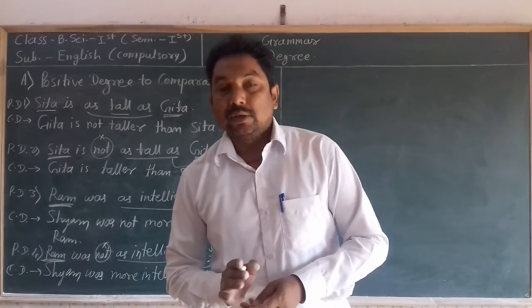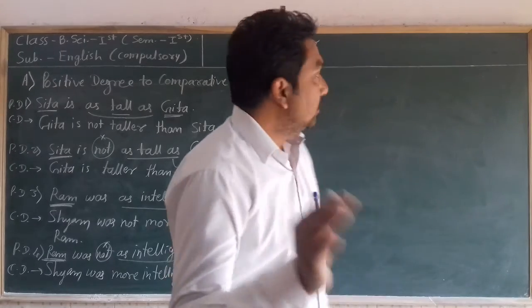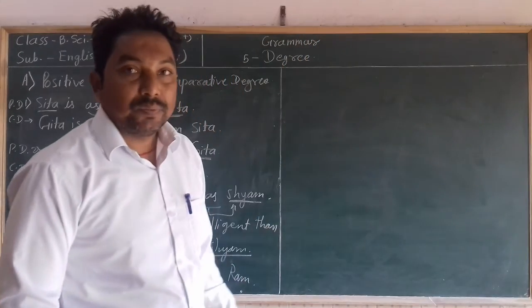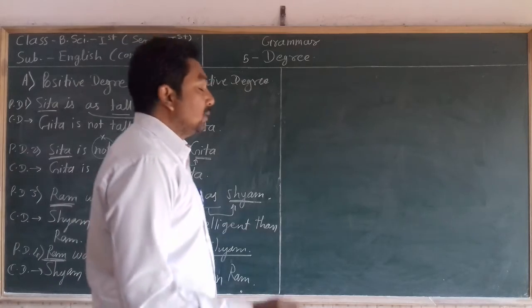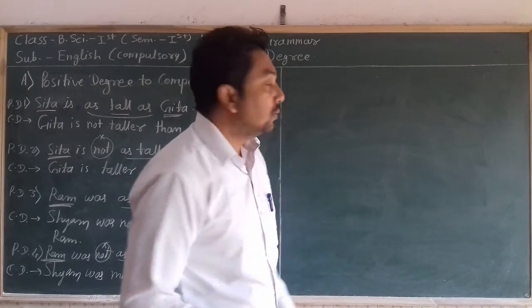So I think you understood how we can transform this kind of sentence. Now on this side, I am going to give you a few sentences. Solve these sentences as soon as possible and send them to our group.